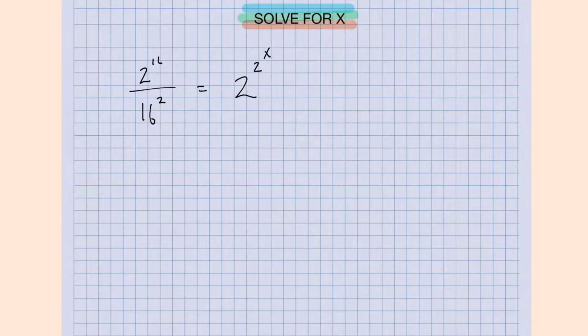So now what we want to do is we have this 16 squared. Okay, 16 squared. We want to rewrite that in terms of 2 raised to some power. So we know that 2 times 2 times 2 times 2 equals 16.